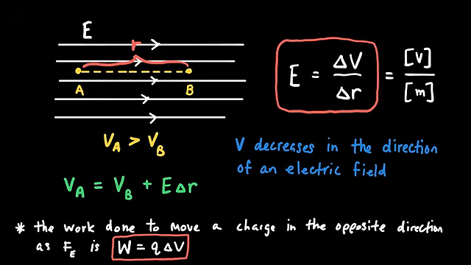So W equals Q times delta V. And lastly, the equation which relates the voltage, position, and electric field together illustrates that electric field can not only be measured in newtons per coulomb, but also in volts per meter. So make sure you're familiar with both of those units for electric field.